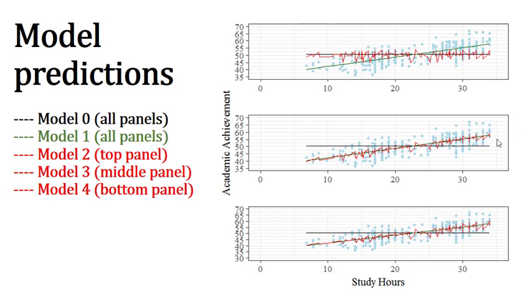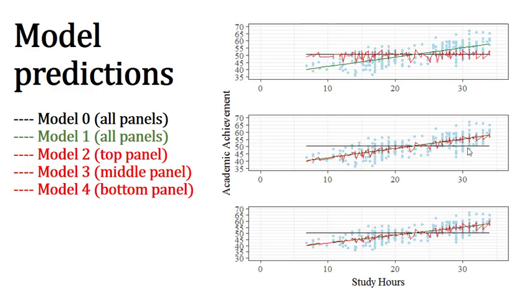Now in the middle panel, which is model 3, as you can see, it is up and down but crossing the green line, so basically it captures the trend of the data. Now we don't know by visual inspection whether it is a better model than model 1 or not.